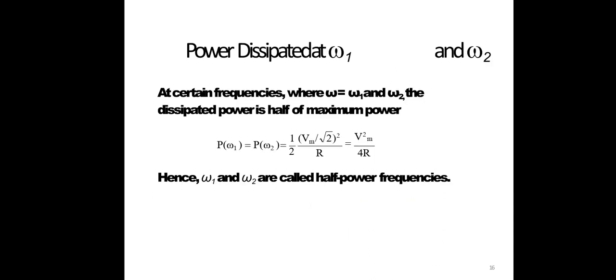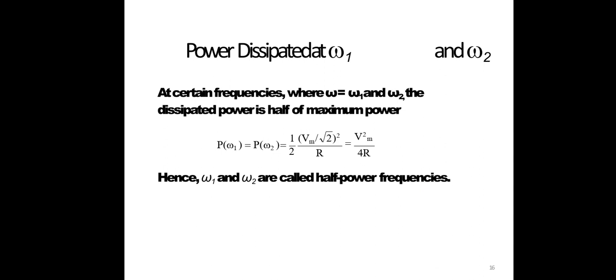This maximum power dissipation occurs at the series resonant circuit. Now, generally we take the power dissipation at omega 1 and omega 2. At certain frequencies omega 1 and omega 2, the dissipation is half of the maximum power.